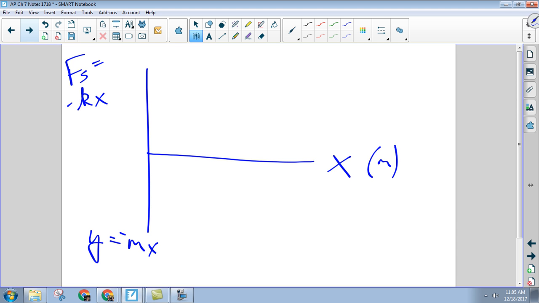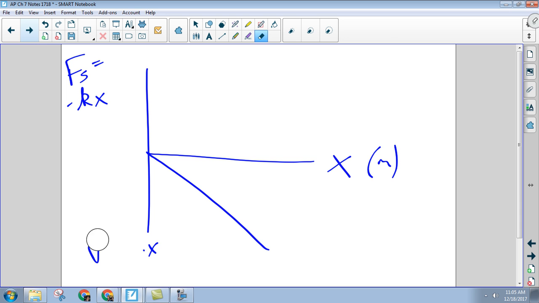Now m is the opposite of the slope, right? So here it's just going to be a straight line that slopes down with a slope of negative k, right? That's supposed to be a straight line if it doesn't look like one. Good. Any problems?